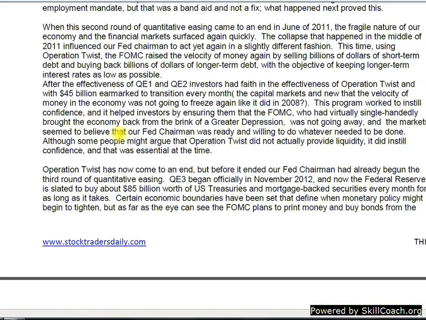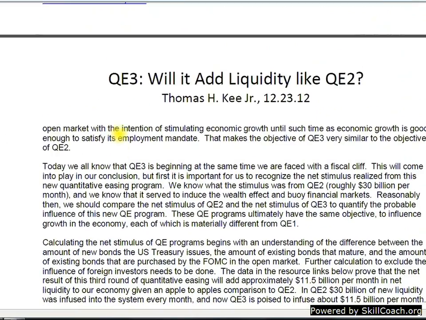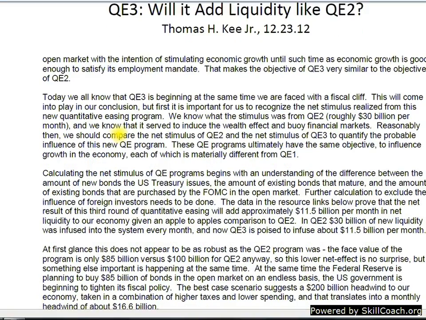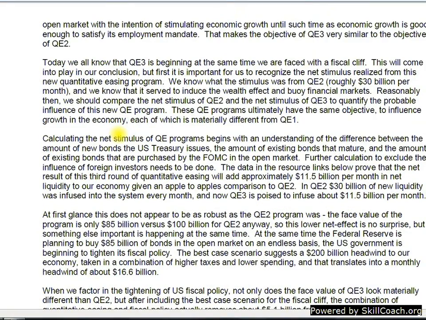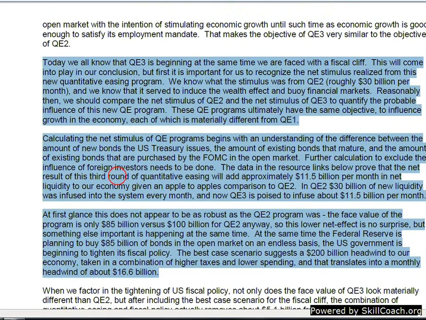We talk about the real stimulus of QE3. And I reach a couple of conclusions. The conclusion is that with refunding, the actual stimulus of these QE programs is far less than what they appear to be on the surface.